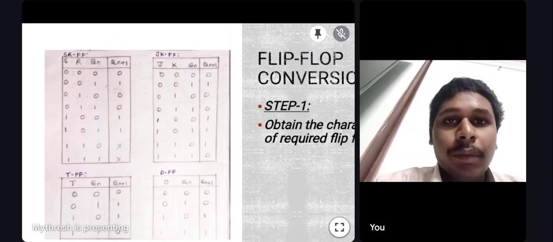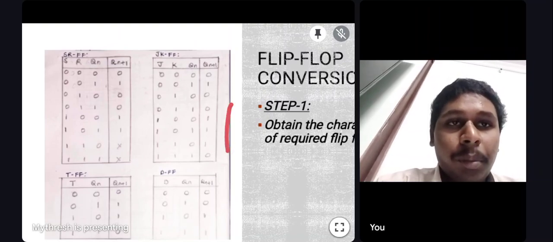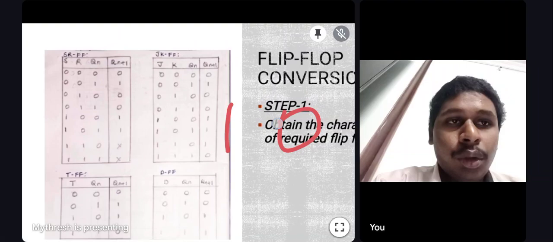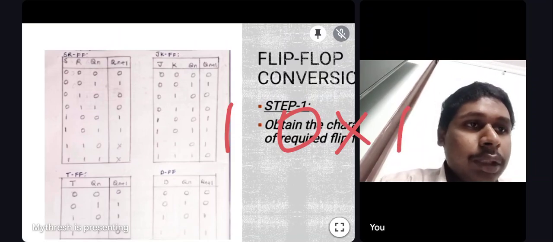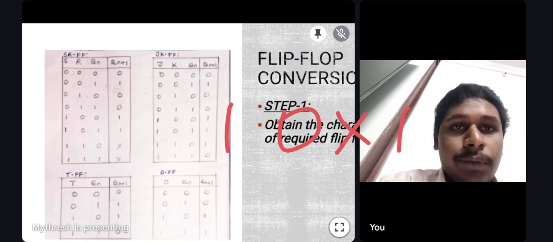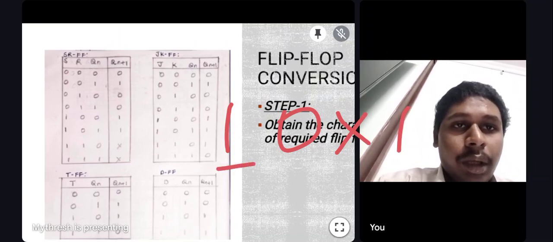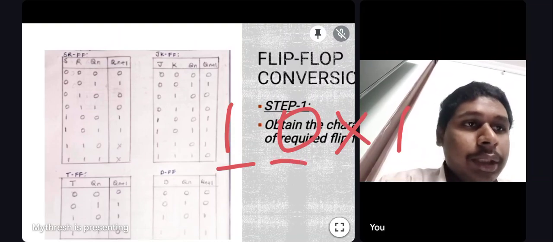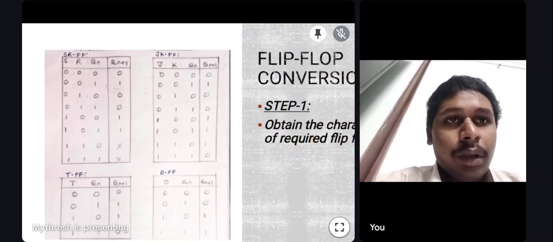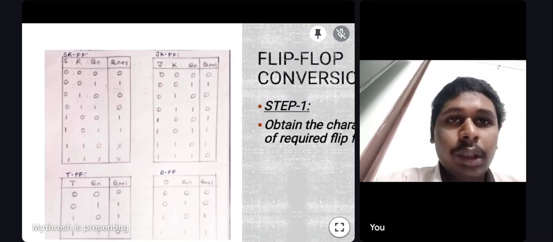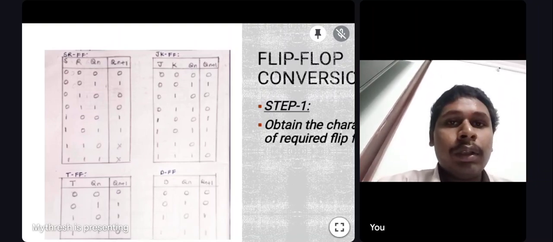So next one, for SR flip-flop, it is 1 0. Then the present state is either 0 or 1, and the next state is always 1. Similarly for JK flip-flop, if J is 1 and K is 0, then the present state is 0 or 1, and the next state is always 1. So here is where the change between the JK flip-flop and SR flip-flop occurs.